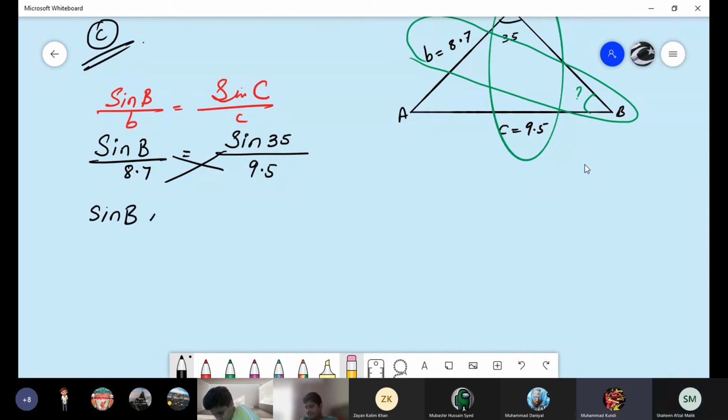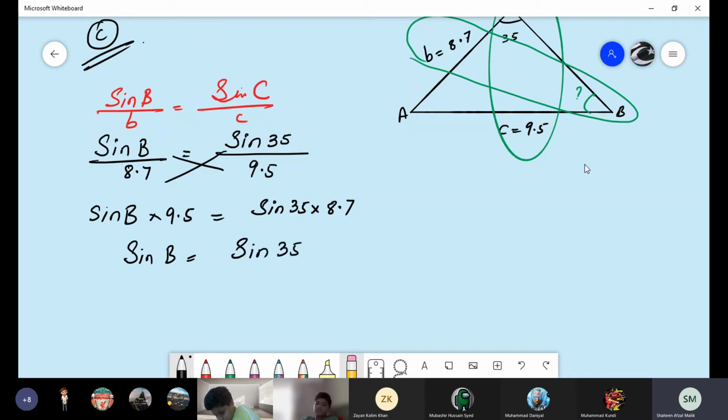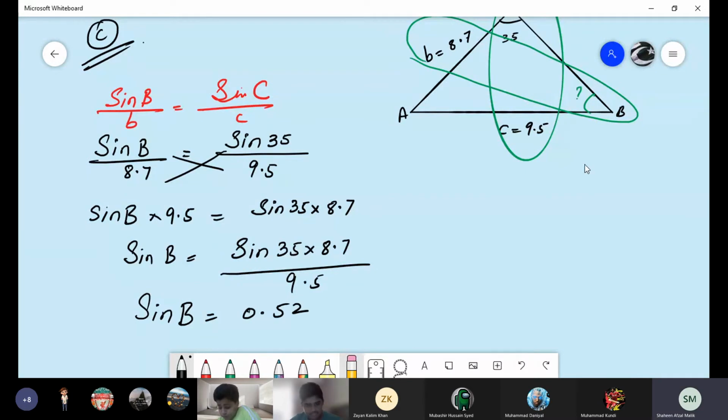Sine B times 9.5 is equal to sine 35 times 8.7. Very good. So sine B will be equal to sine 35 multiplied by 8.7 divided by 9.5. Do it on your calculator and tell me the answer of this fraction. Ma'am, the answer is 0.5257. I am getting 0.5253. What are you getting?